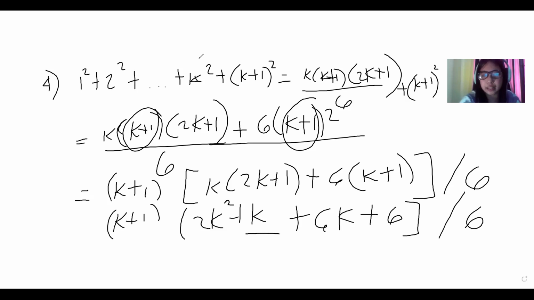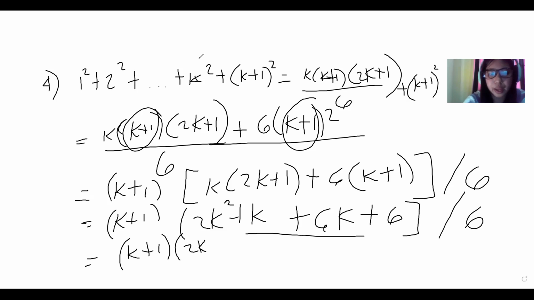Combining like terms, k plus 6k is 7k. So what is left is k plus 1 times 2k squared plus 7k plus 6 over 6.